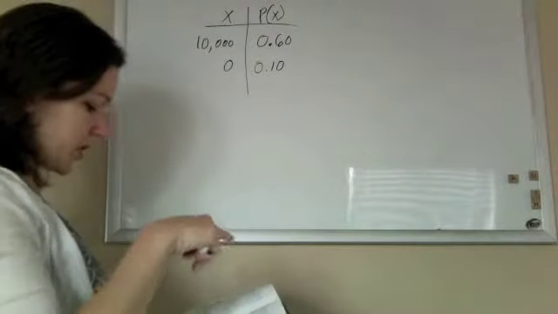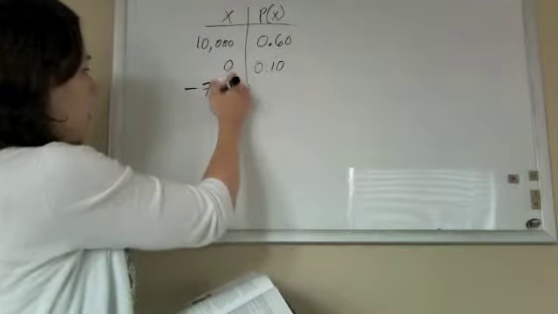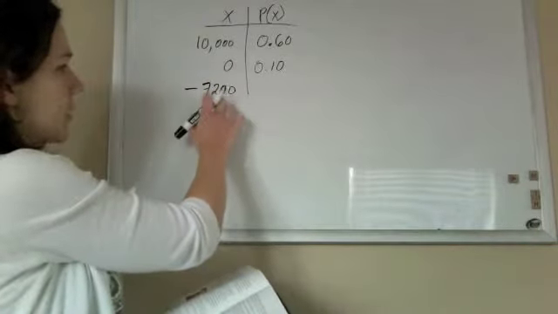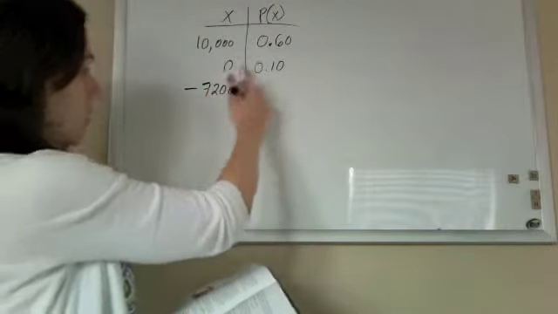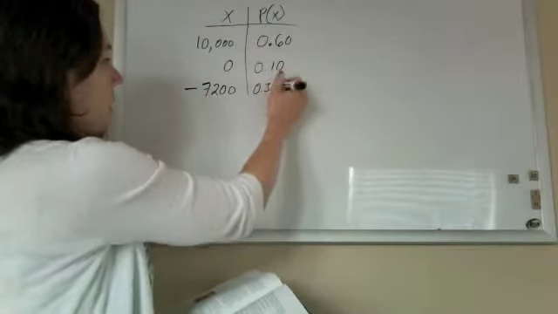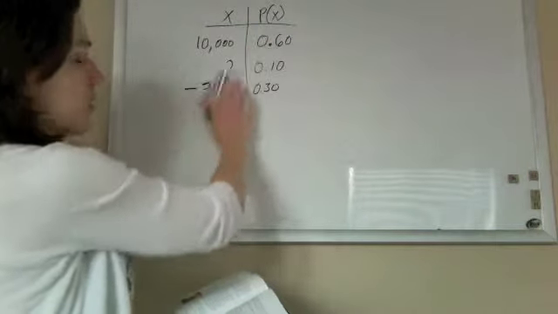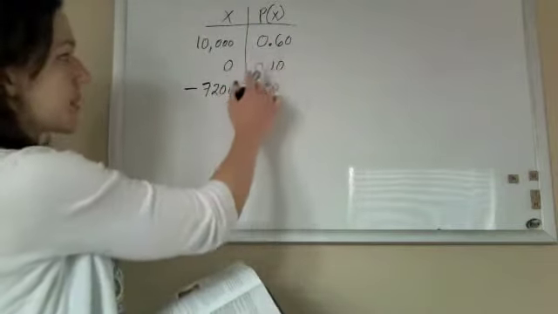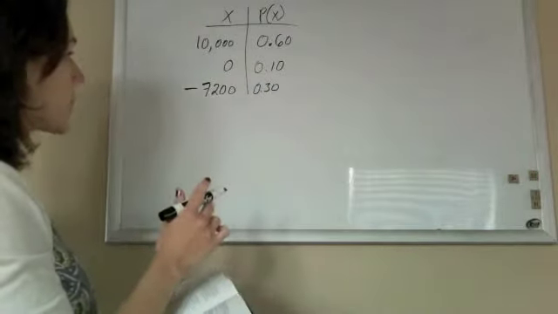And a 30% chance of losing that amount. So we're going to say negative $7,200, and the chance of losing that is 30%. You should always check these probabilities should add up to 100% because these are the only possible outcomes. So 0.6 plus 0.1 plus 0.3 does add up to 100%, so we're good.